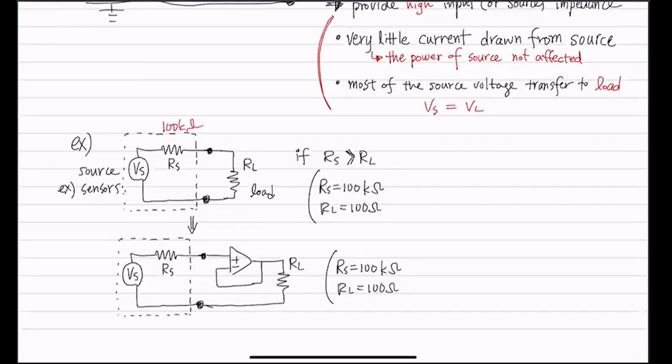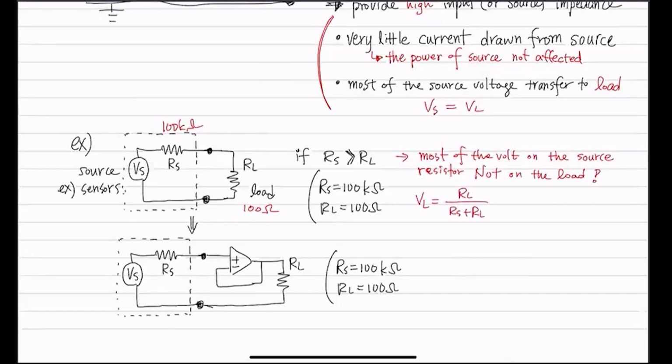In that case, most of the voltage is going to be on the source resistor, not on the load, because the load voltage is going to be RL over RS plus RL times VS, and that is going to be 0.001 VS.